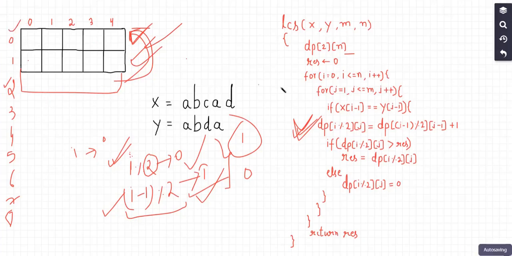So that's what changes I have made. This will reduce the space complexity by a factor of m. Fine. So this is the optimization which I had for this problem. Okay, rest stays the same, and that's all from my side.